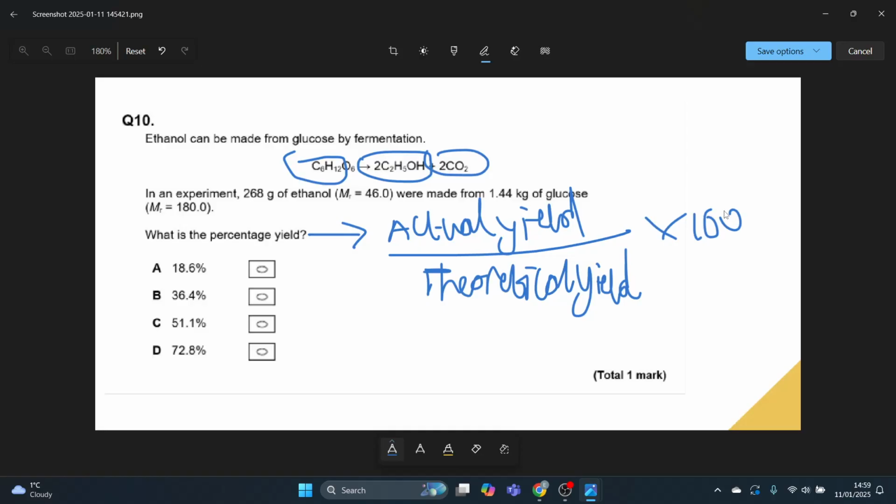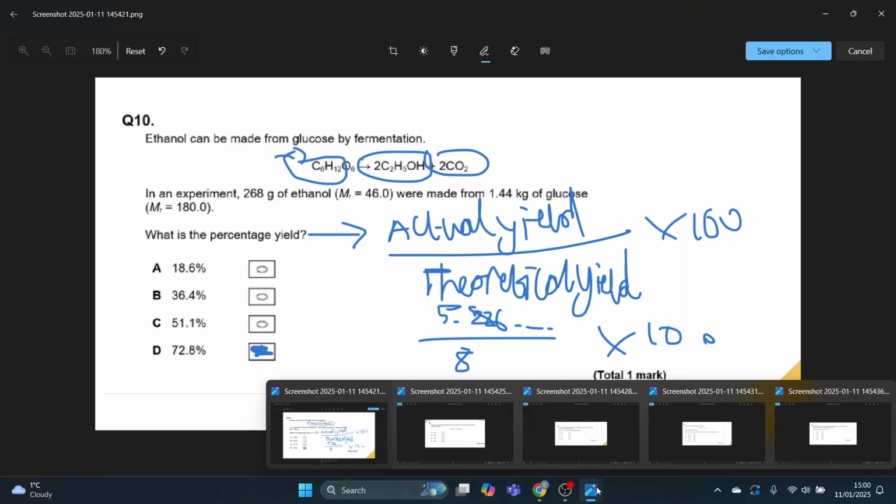So work out the moles of glucose, kilograms to grams, 1440 divided by 180, and that will give me 8, and that is the theoretical yield. The actual yield of ethanol, 268 divided by 46, 5.826, keeps going, times by 100. So my answer divided by 8 times by 100 will give me the percentage yield, 72.8%.